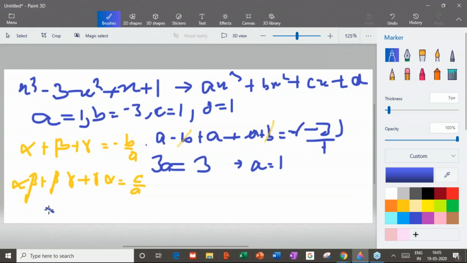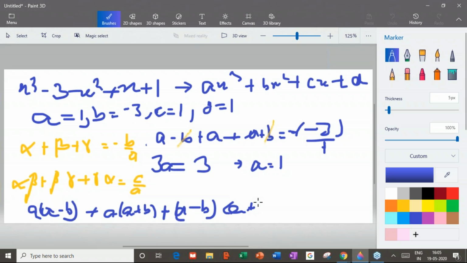So when I solve this, it will be a minus b into a plus a into a plus b plus a minus b into a plus b is equal to 1 by 1, which is nothing but 1. So now try solving this and substitute the value of a. Then you will get the value of b.